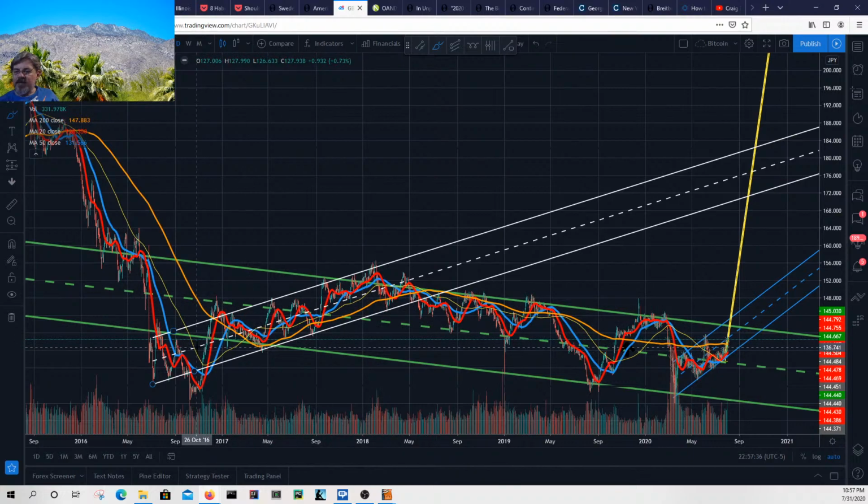And in fact, the more I look into this, you can see that this little bit here is the same bit here, and this little bit here is the same bit there. So this part is to the green channel as that part is to the white channel. It's pretty astounding.